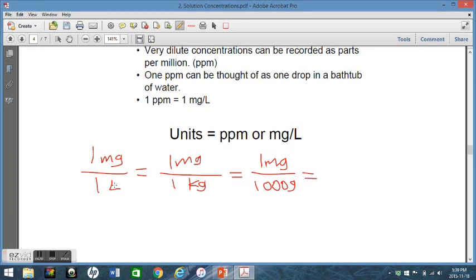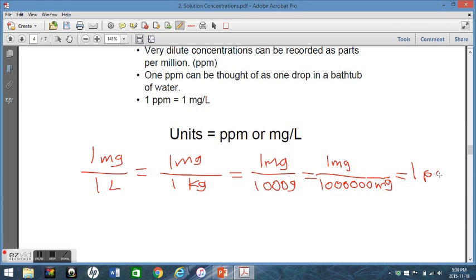So 1 milligram per liter is equal to 1 milligram per kilogram, is equal to 1 milligram per 1,000 grams, is equal to 1 milligram per 1,000,000 milligrams. Or 1 milligram per million. 1 part per million.